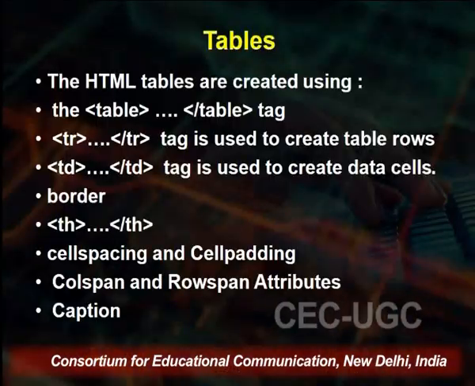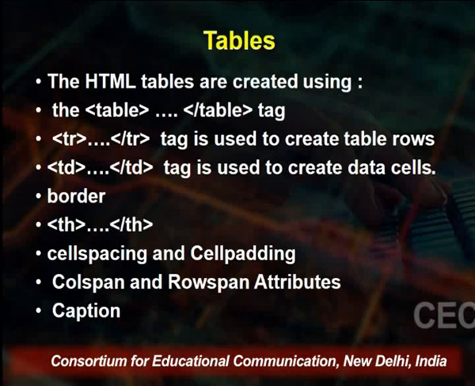Then we had also seen that if you want to merge rows and columns, you can do that using col span and row span attributes. Sometimes you need one particular column to span over two rows, or one particular row to span over two columns. In that case, you will have to create a col span attribute and write col span is equal to 2.